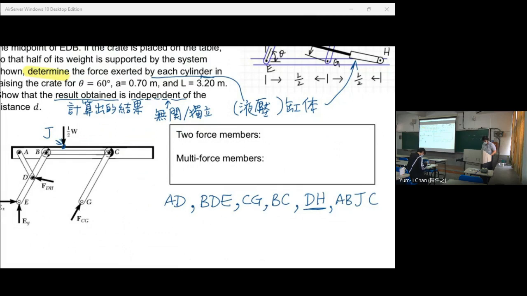In a car repair shop we have this one, right? When it goes up and down, this platform can slide, so these points B and C can move along here.